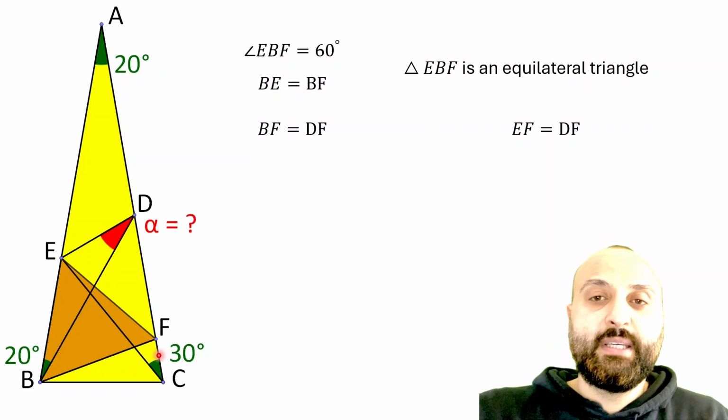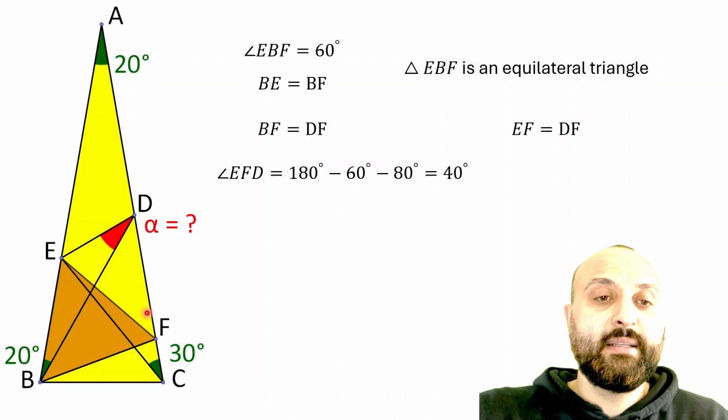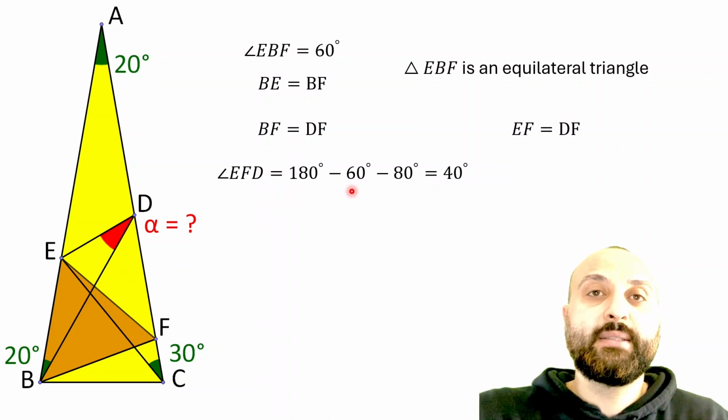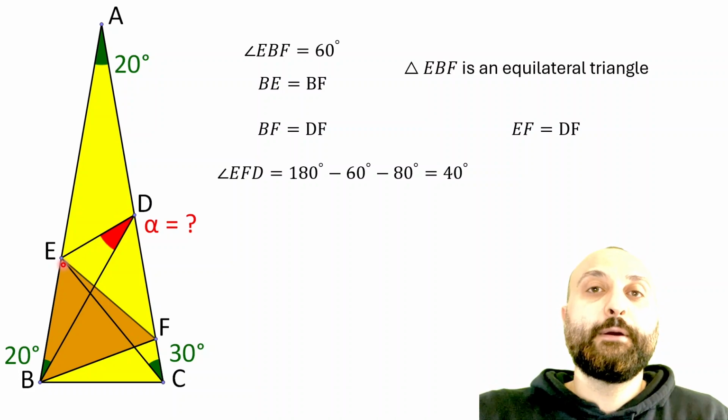Okay, so now everything is actually very simple. We know that this is 80, this is 60. So EFD, this angle is going to be 180 minus 60 minus 80, which is 40 degrees. So this angle is 40 degrees, the apex angle of this isosceles triangle EDF.